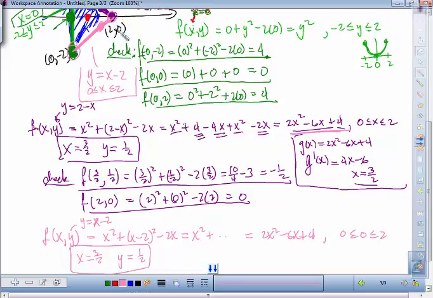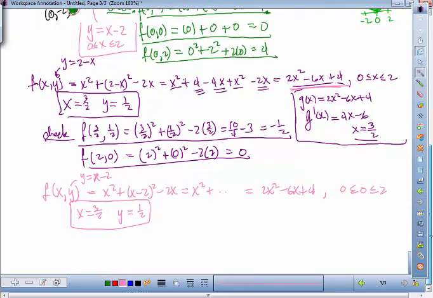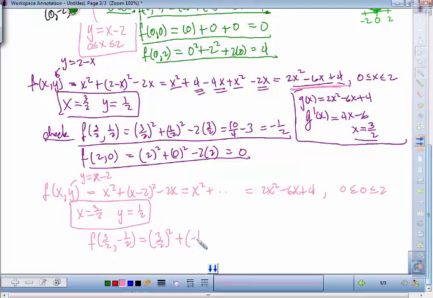But there normally would be two other points that we would check, but we already checked these other 2 points, right? So that's done. So we only really need to check that last one, which really won't give us anything because it'll give us the same result as this. So if we put 3/2 and negative 1/2 into the original function, the only difference is that this negative 1/2 and positive 1/2 are being squared, which will result in a positive 1/2.